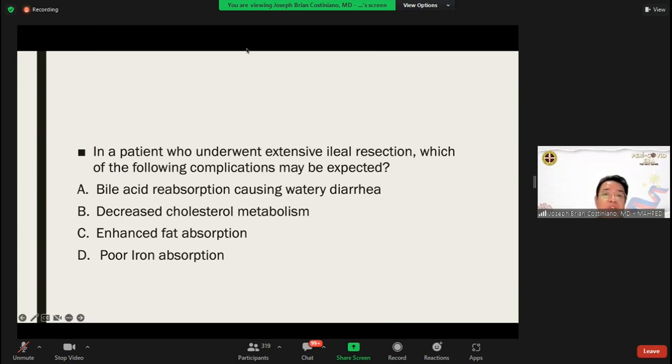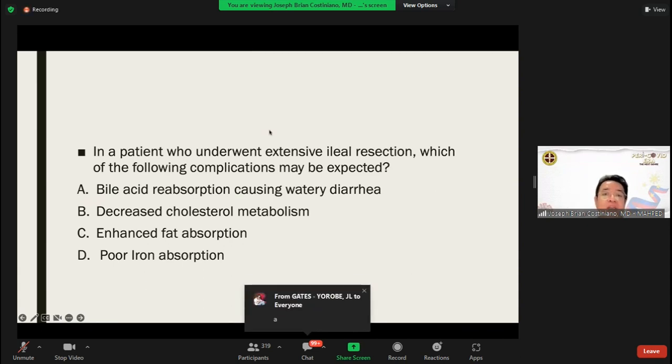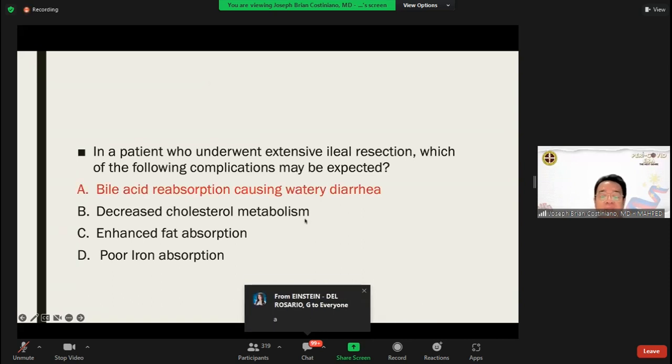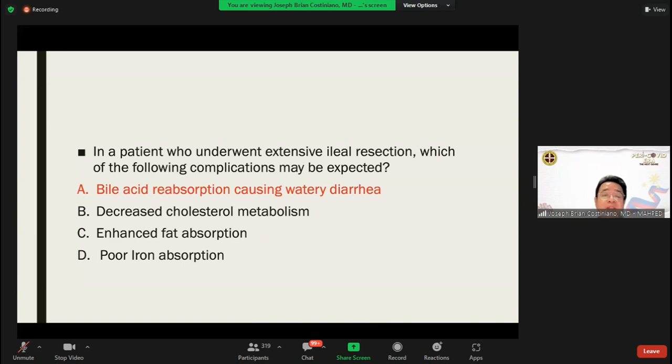So let's check your answers, ha? Most of you answered letter D. Some answered letter C. Some answered letter A. And the correct answer is actually letter A. Okay, letter A. Bile acid reabsorption. Okay? So, actually mali yung choice, no? Kasi dapat failure of your bile acid or decreased bile acid reabsorption. Yun dapat yung choices, no?